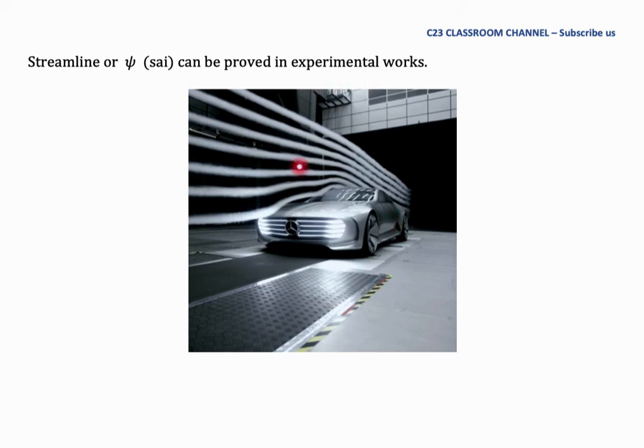So this is a very common picture that you could get on the internet, or I think you already know that sometimes supercars or sports cars are evaluated in a wind tunnel, and then we use a smoke generator to create smoke like this, and the smoke will flow into the wind tunnel, and it will create a line like this. So this line is actually the stream function or the streamline. So that means the streamline that we will calculate later on can be represented in experimental work.